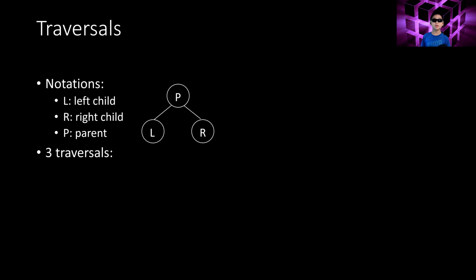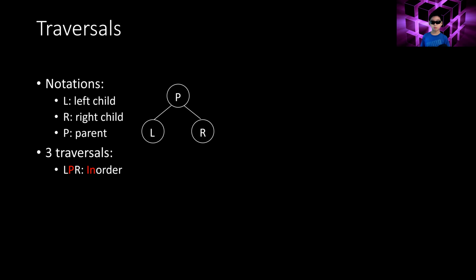Let's focus on binary trees where we use P, L, and R to label the parent, left, and right child. We can assume we always visit the left child before the right child. The only question left is when to visit the parent. That gives us three ways to traverse the tree.